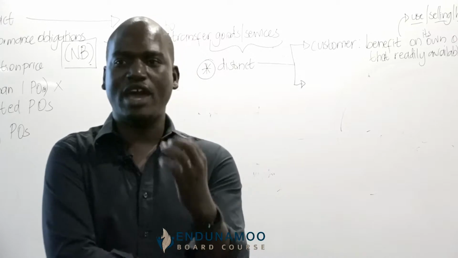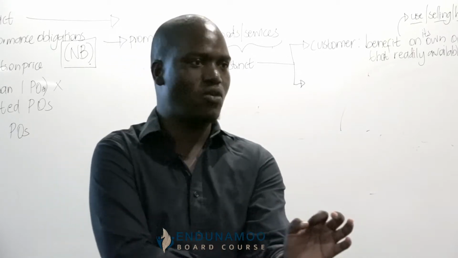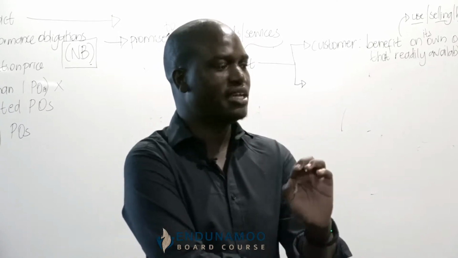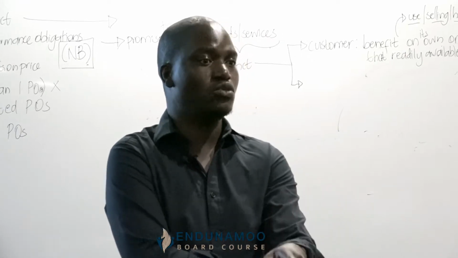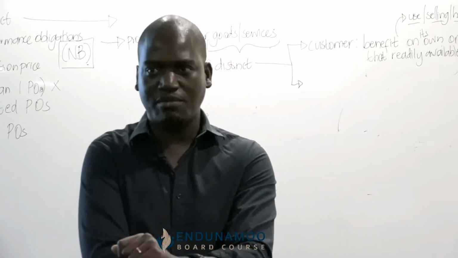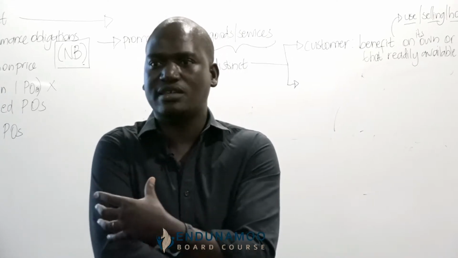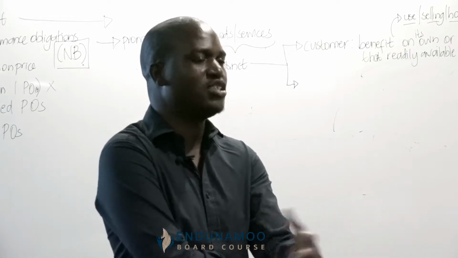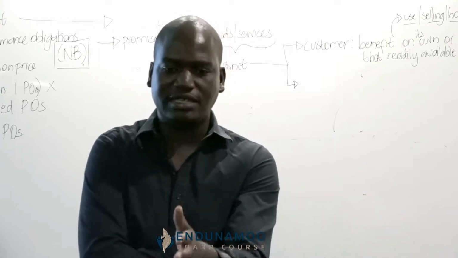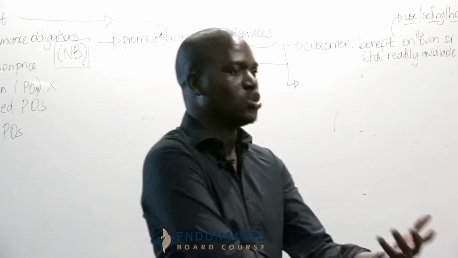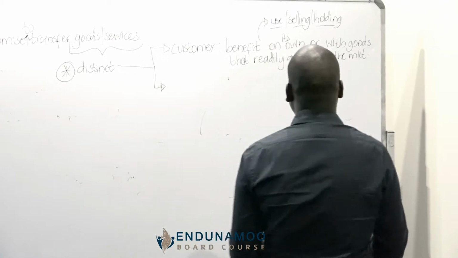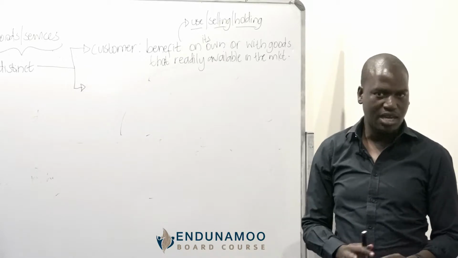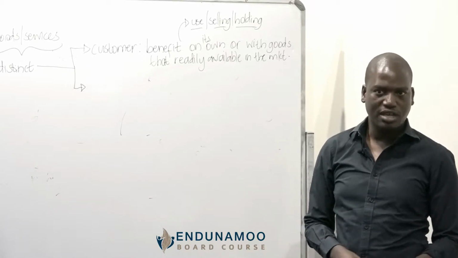So that means when Game has sold you that DSTV decoder and the dish, they can recognize revenue because they are able to say that the customer is able to benefit from that good with goods that are readily available in the market. So even if they don't want to buy a TV from us, that's fine. They can go somewhere else and buy a TV because it's readily available. There's no restriction, no condition that if you don't buy it now, you're not going to get it later and so on and so on. So that's what they mean when they're saying that what? Benefit from the good on its own or with goods that are readily available in the market. That's condition number one, altogether.